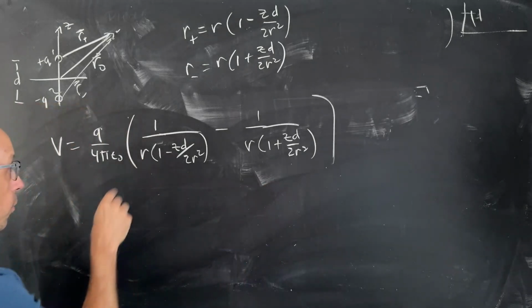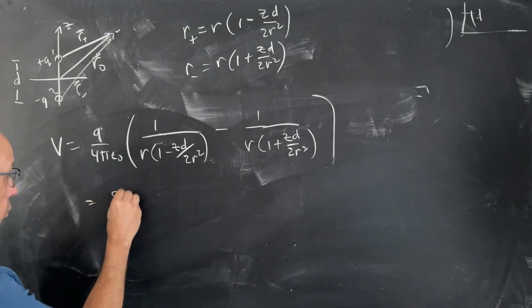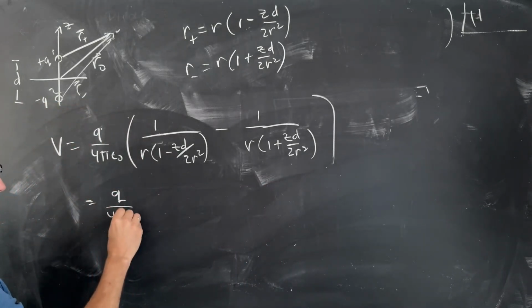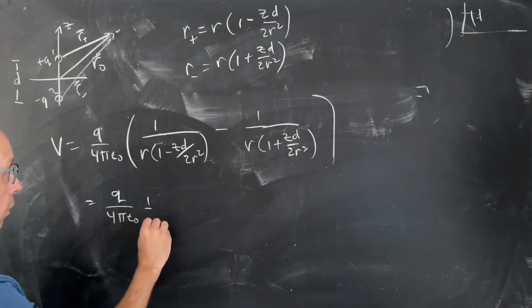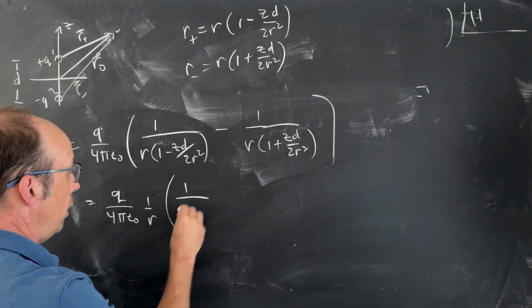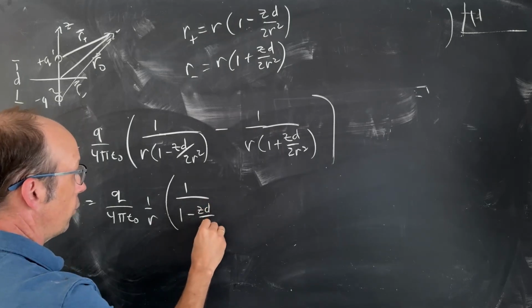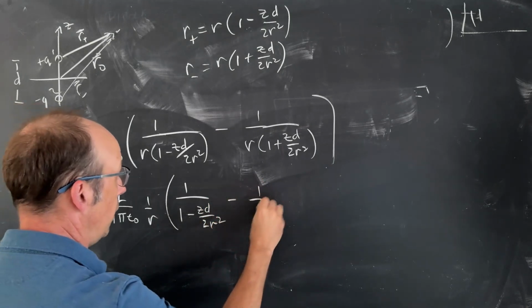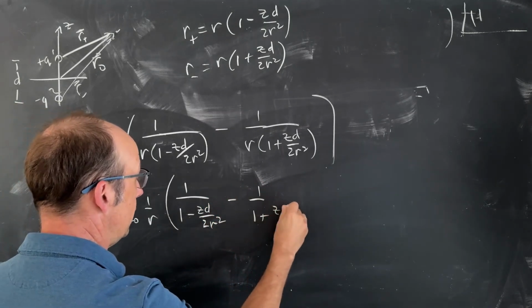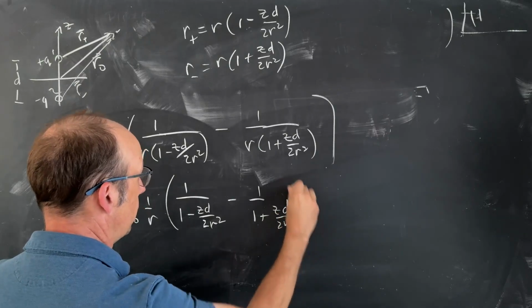Okay, I can factor out the 1 over r. I get q over 4 pi epsilon naught, 1 over r, times 1 over 1 minus zd over 2r squared, minus 1 over 1 plus zd over 2r squared.